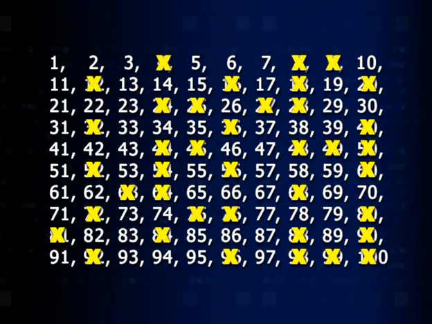So, the probability of picking a square-free number out of the first 100 natural numbers is 61 out of 100, or 0.61, or 61%, which is amazingly close to the actual value we computed when we pick among any natural number of 60.79%, which we just found.